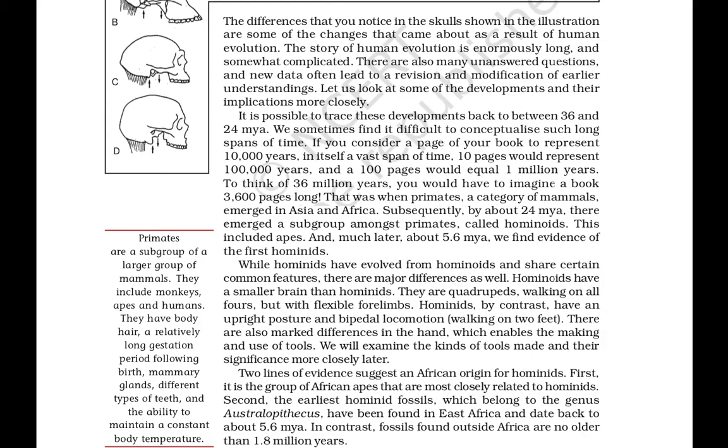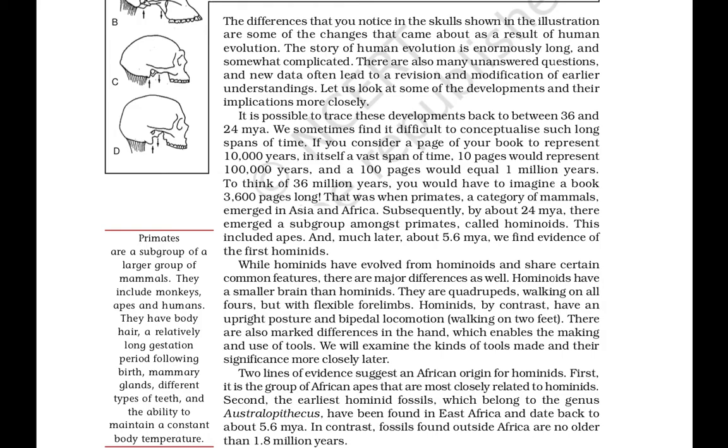To think of 36 million years, you would have to imagine a book 3,600 pages long. That was when primates, a category of mammals, emerged in Asia and Africa.